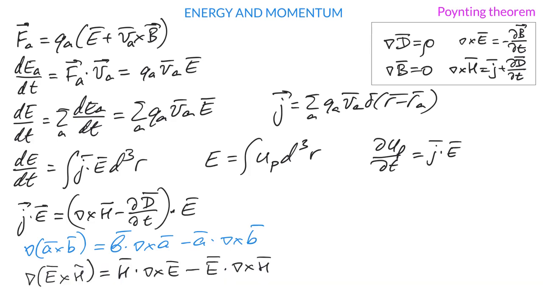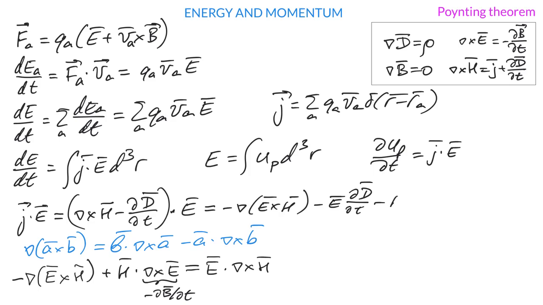What we need is this piece here, E dot curl H. So let's rearrange a little bit and substitute curl E from Maxwell's equations. So now I substitute this in this term, which gives us minus del dot (E cross H) minus E dD by dt minus H dB by dt.